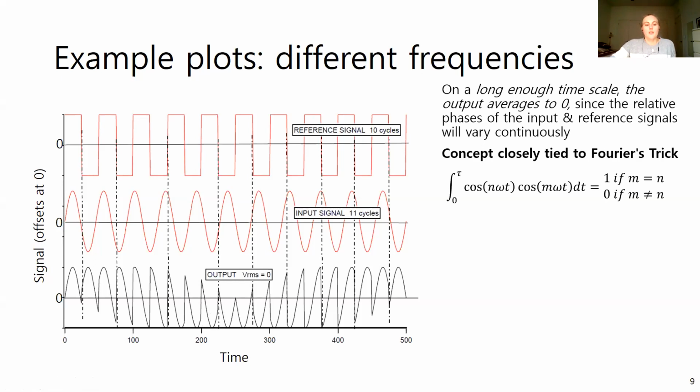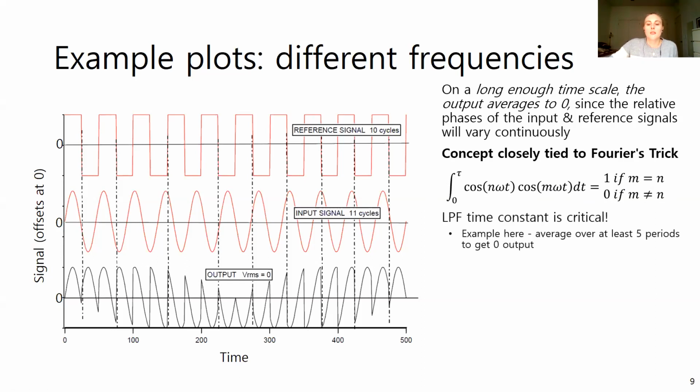So the aspect of a lock-in working as a frequency detector is really tied to Fourier's trick that we went over when we were talking about the Fourier transform. That if you have an integral of the product of two cosines, if these integer values are different, it'll average over one period to 0. But if they're the same, you'll actually get a positive value.